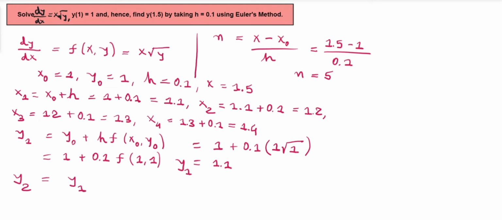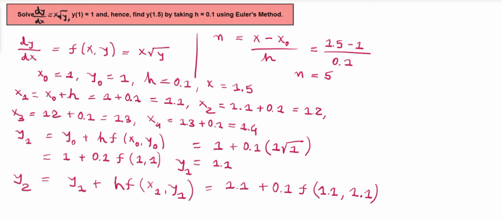This is y1. Then we'll find y2. y2 will be equal to y1 plus h f(x1, y1). Now we have all of the values: x1 is 1.1, y1 is 1.1, h is 0.1. So 1.1 plus 0.1 into f(1.1, 1.1).